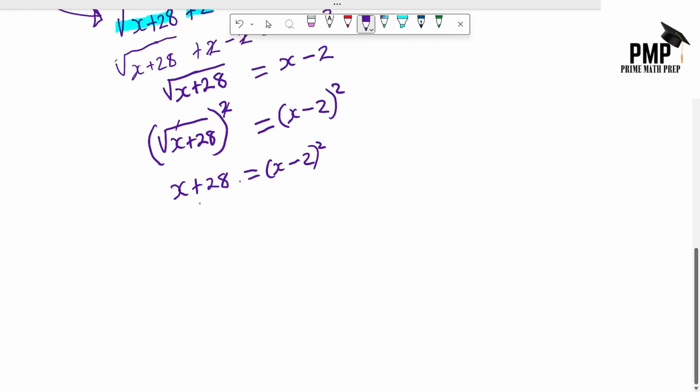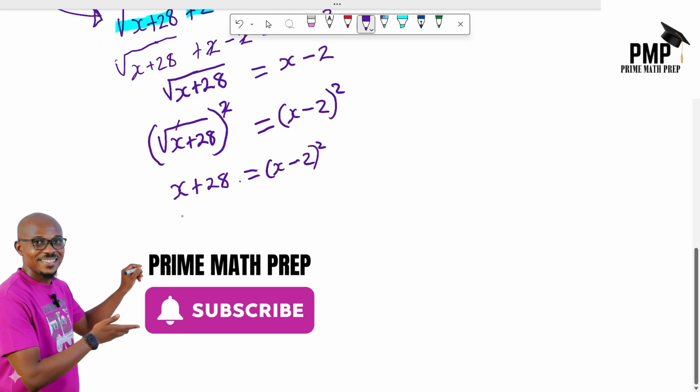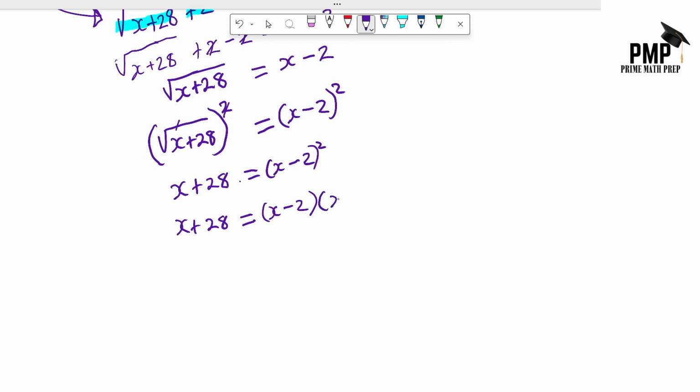We will need to expand the right hand side. This will give us x plus 28 is equal to x minus 2 times x minus 2. x times x is x squared. x times negative 2 is minus 2x.